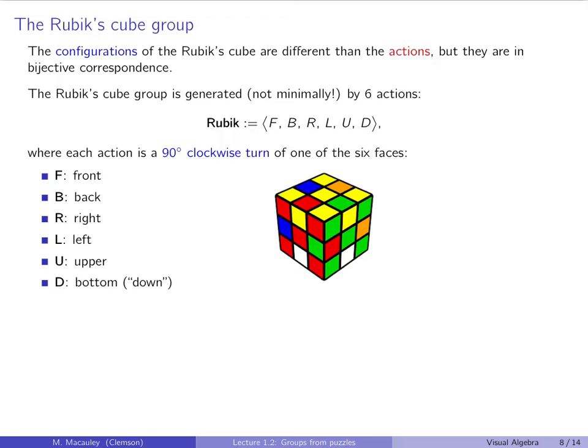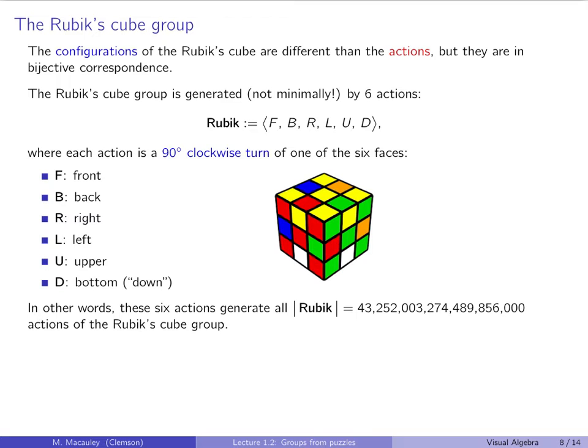So we can write them as F, B, R, L, U, and D, which correspond to twisting the following faces: front, back, right, left, upper, and down. Can't use bottom because B is for back. 90 degrees in the clockwise direction. This notation was invented by David Singmaster in the late 1970s, and it's with us today.